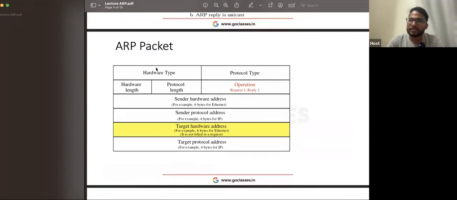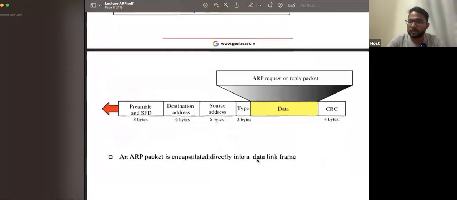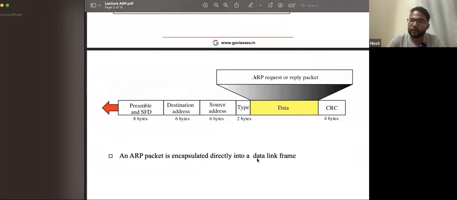And that's how the ARP header looks like. If you are sending an ARP packet, then this is how it will look, but it is not important to us. This header and all is not important. What you need to know is that ARP is encapsulated in a data link layer frame. So here you will have some preamble, then destination MAC address, source MAC address, and then as data in the data link layer you will have the ARP packet.